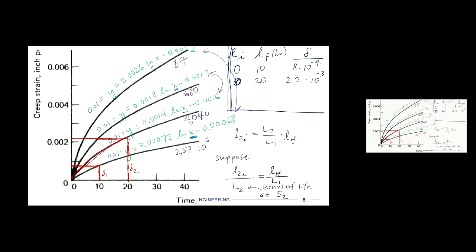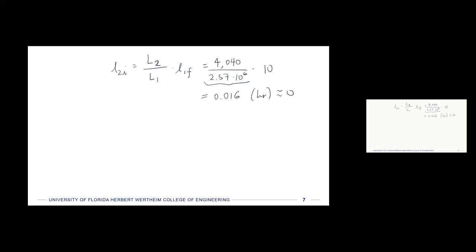And then we're going to do this again. I'll go to the next slide to calculate where we're starting on the next line series in time. So now L3I is equal to capital L3 over L2, that's where we came from, times L2F.